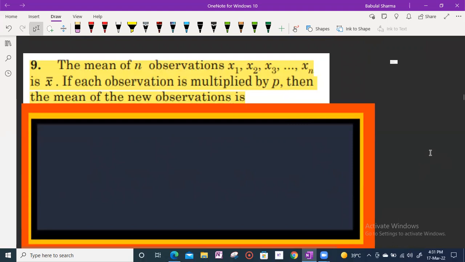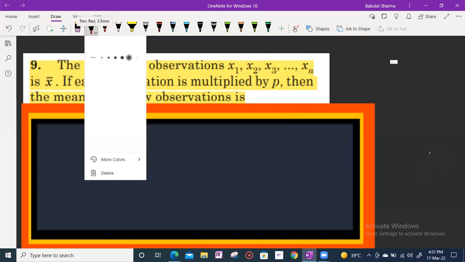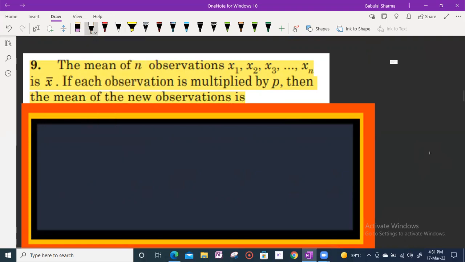Yes. The mean of n observations, means total number of observations here are n, that is x1, x2, x3, xn is x bar. If each observation is multiplied by p, then the mean of the new observation is, actually this is the question of 9th class.